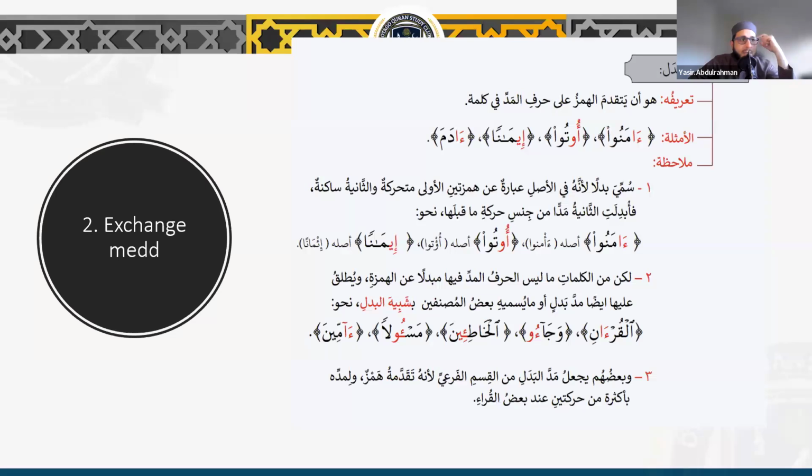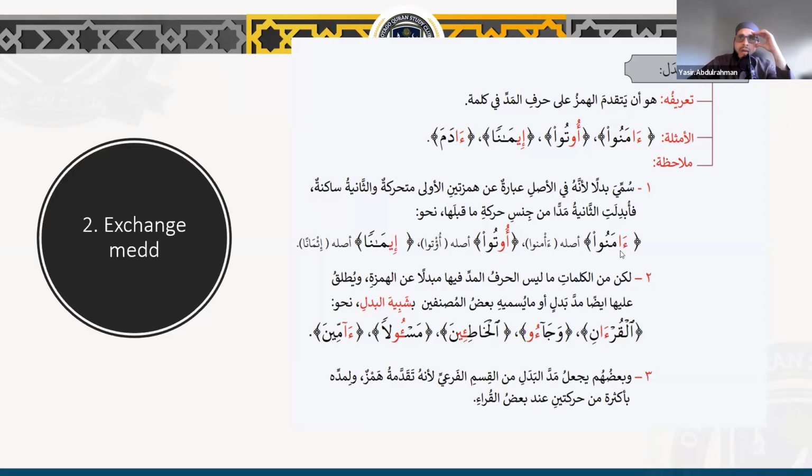It says that the meeting of two hamzas, the second of which is sakina, right? Because of the two hamzas, one of them is sakina, the Arabs don't do that. So instead of that, what they do is they change the second one to a harf mad of the same type. And that is what we call maddul badal, right?